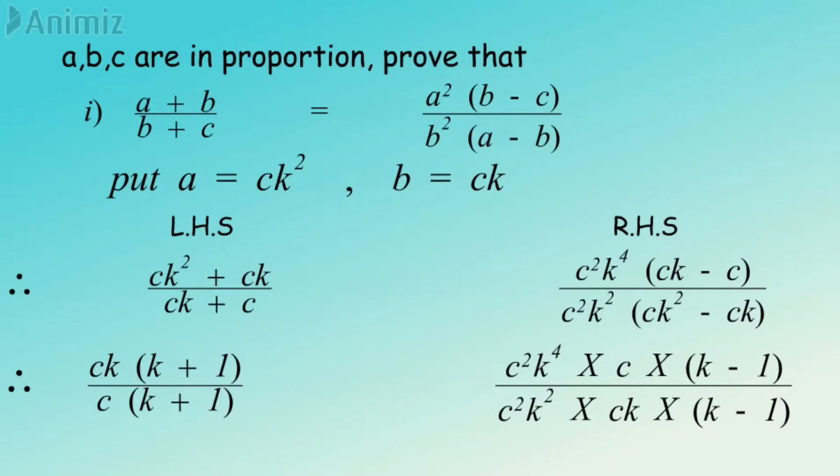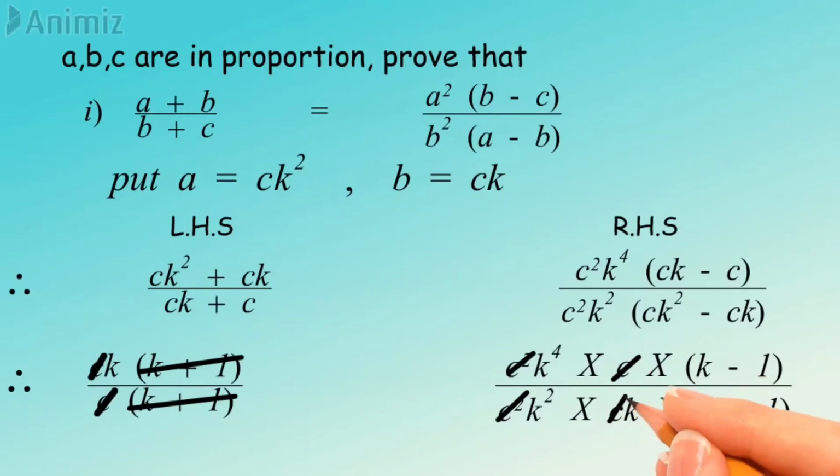So first let's cancel the common factors. Now cancel c on the left hand side and k plus 1 bracket also. Same way cancel c square on the right hand side and c also on the right hand side as well as k minus 1 bracket.